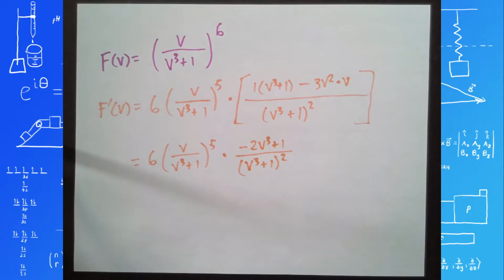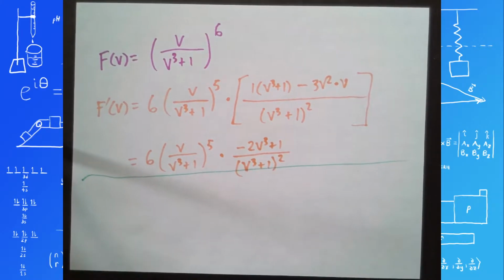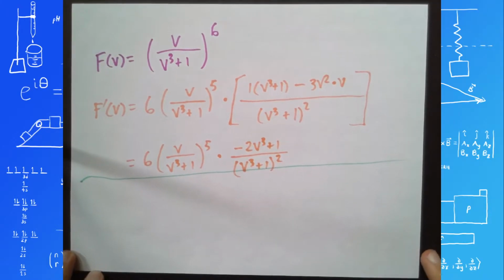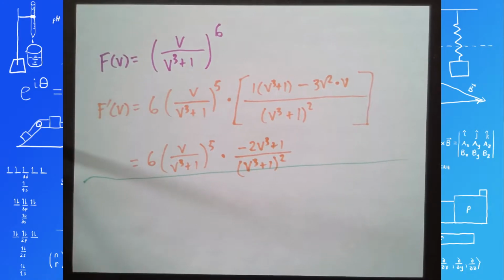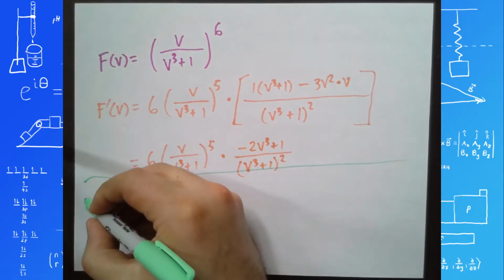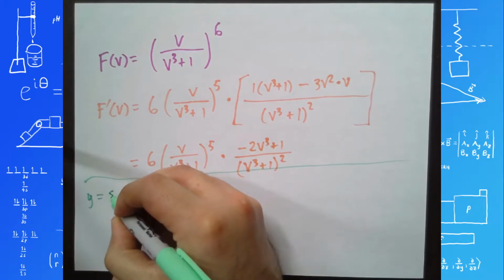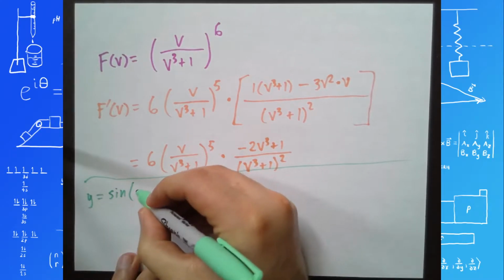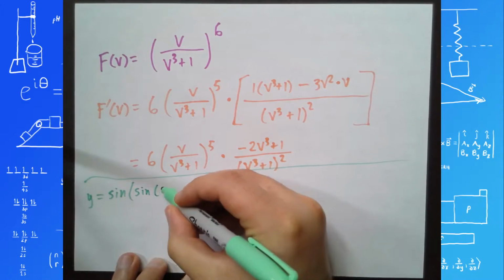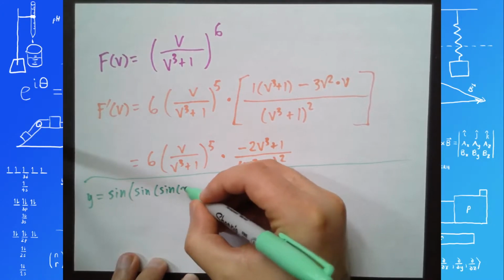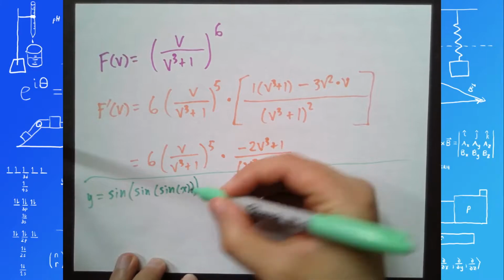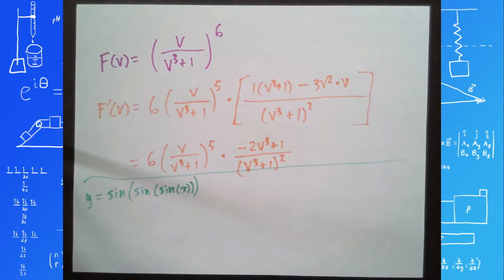Here's one that shouldn't be too troublesome, but it can throw you off a little bit if you lose track of which level you're differentiating at. So they say y equals sine of sine of sine of x. What I like to do for a problem like this is, first of all, make the parentheses less disorienting by using brackets, alternating between parentheses and brackets.